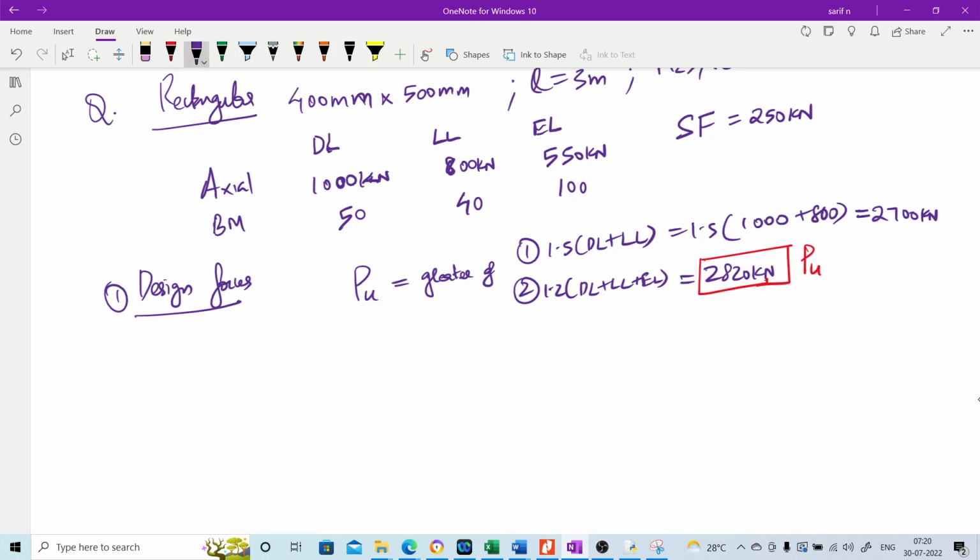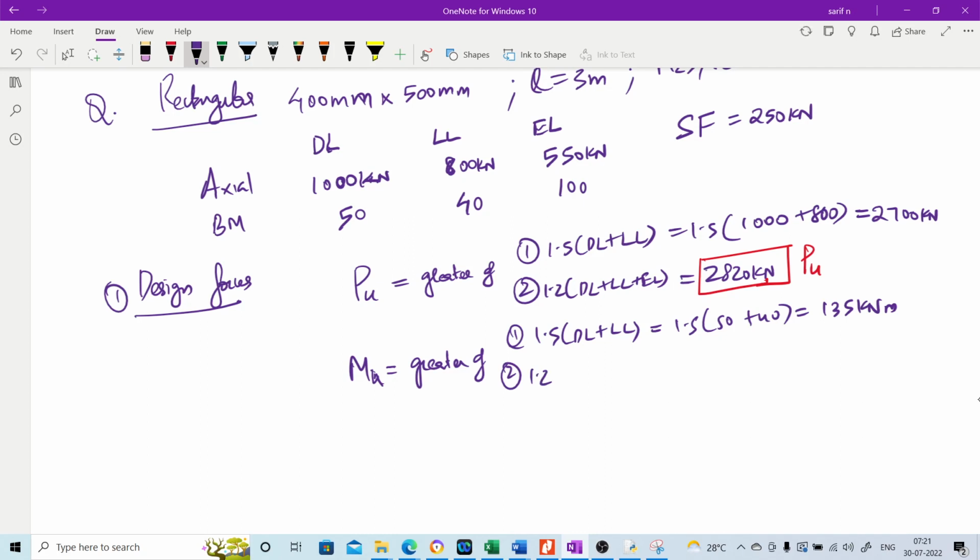Similarly, next is Mu. Mu again will be the greater of: first load combination, 1.5 dead load plus live load. So that is going to be 1.5 into 50 plus 40, that will be 135 kilonewton meter.